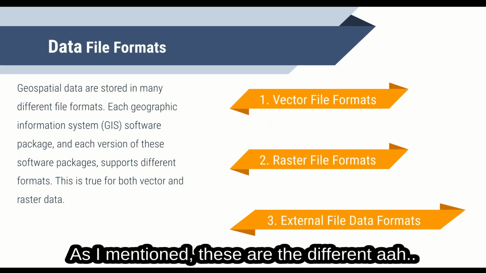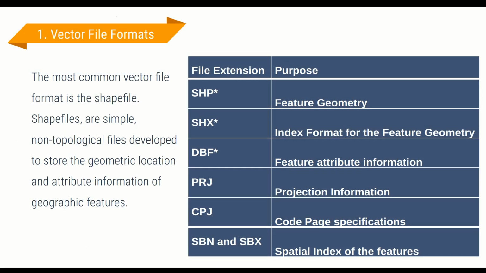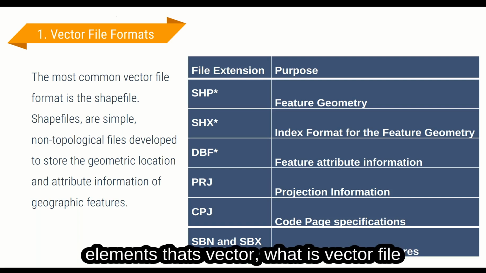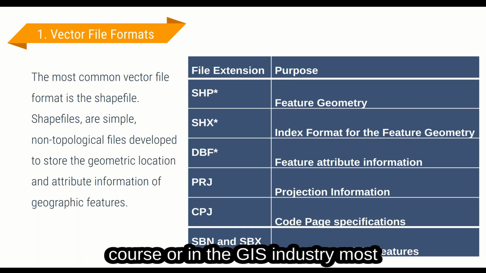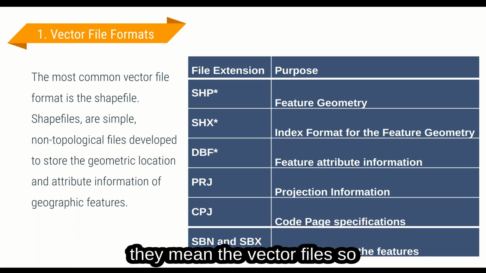As I mentioned, these are the different file formats. You are going to see them, and we are going to look at the different elements. So when you talk of element that's vector, what is vector file? What does it include? Actually, in this course or in the GIS industry, most of the times when someone talks of a shapefile, they mean the vector files.